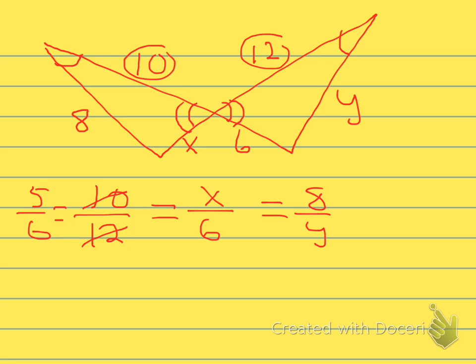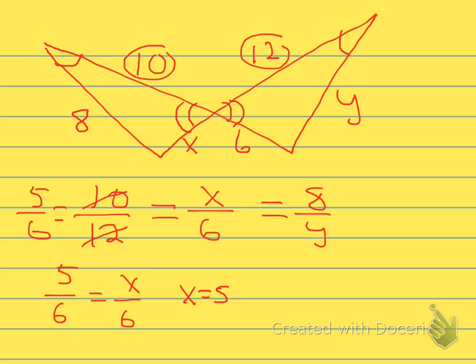Notice when I did the 10 over 12, I worked from the left side triangle to the right side triangle. It was important that I did that on the other ratios as well. So to solve for x, 5 over 6 equals x over 6. Well, that's a pretty easy one. We could cross multiply, but it's just plain old x equals 5.